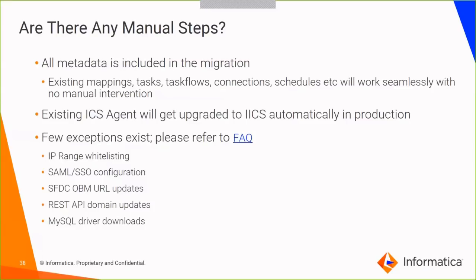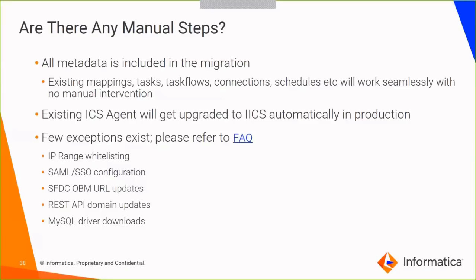If you're using SAML and SSO, there is a manual step after the migration is done that you will have to activate in the new environment. Those instructions are also available. If you are using the Salesforce outbound messaging, ICS was generating a REST endpoint URL. As part of this migration, since it is being hosted in a different data center and a different application, that REST endpoint URL will change.